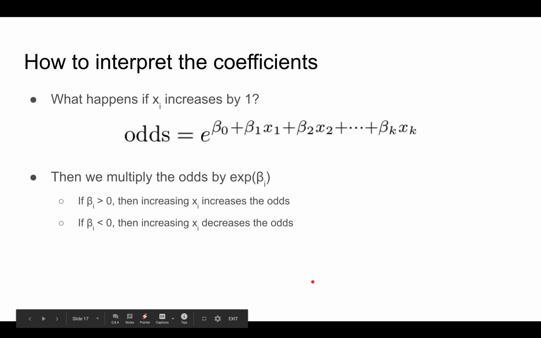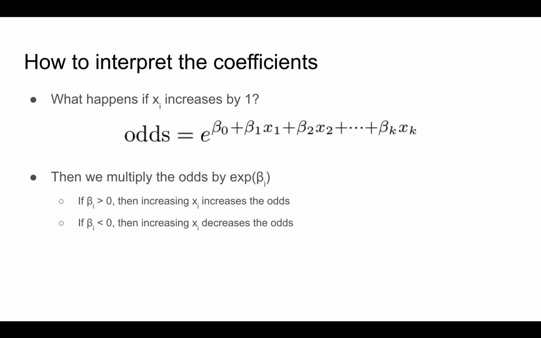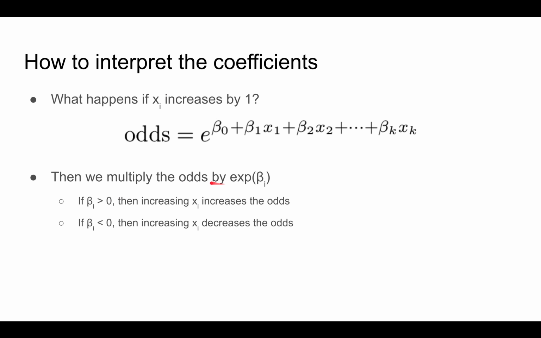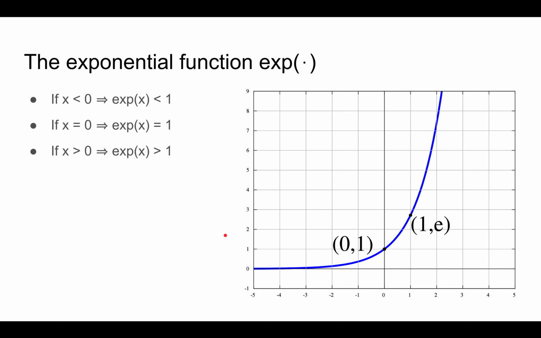Alright, so how do we interpret the coefficients? Basically, if you increase xi by 1, that's the same as multiplying the odds by the exponential of beta i. So if beta i is positive, increasing xi increases the odds, whereas if beta i is negative, then increasing xi decreases the odds.